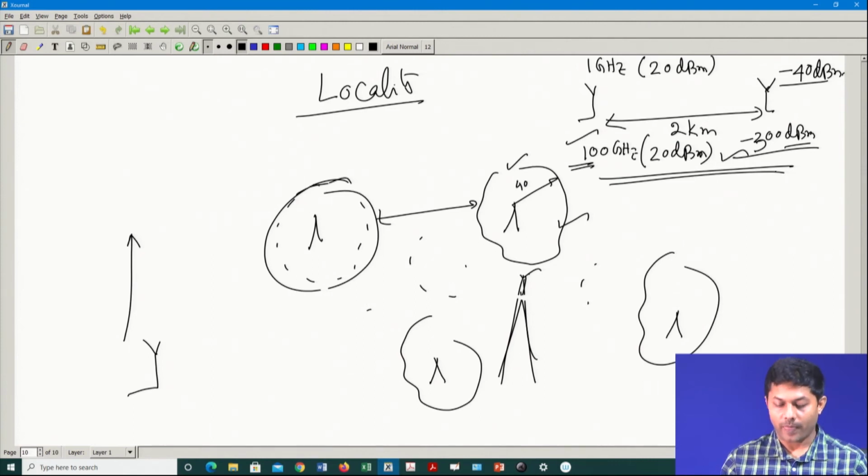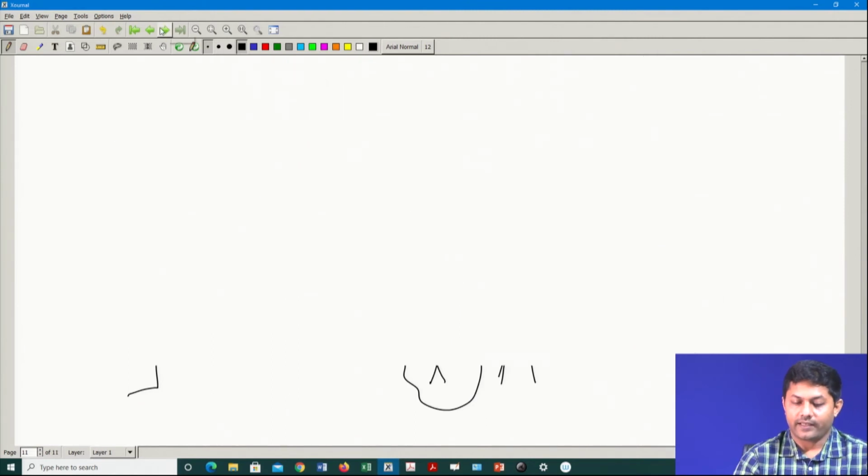Okay. Now, irrespective of whether you have a higher RF or a lower RF, what are the physical phenomena that are going to happen in the air? This is what we are interested in. So, let us understand that.